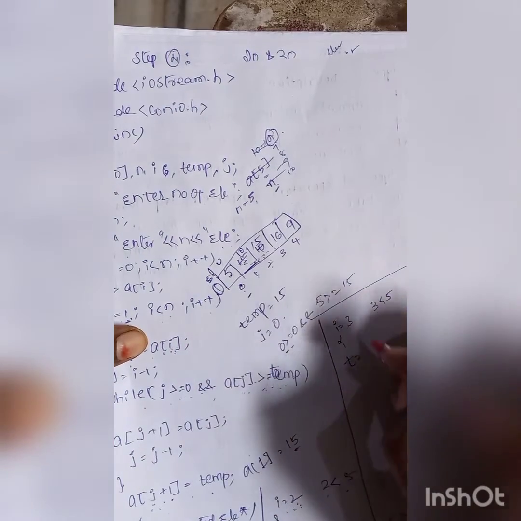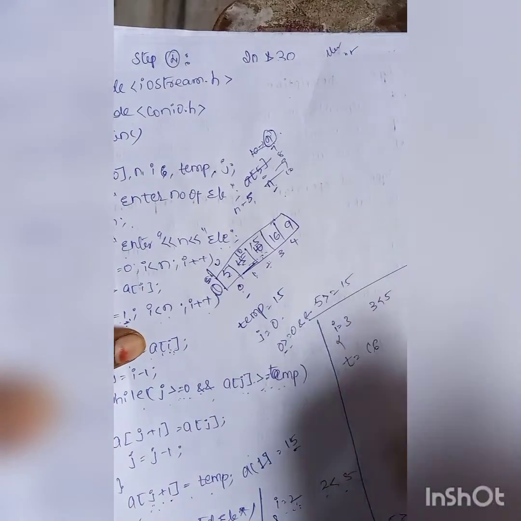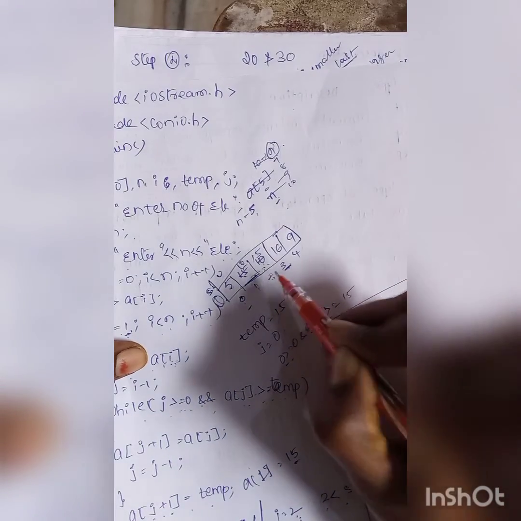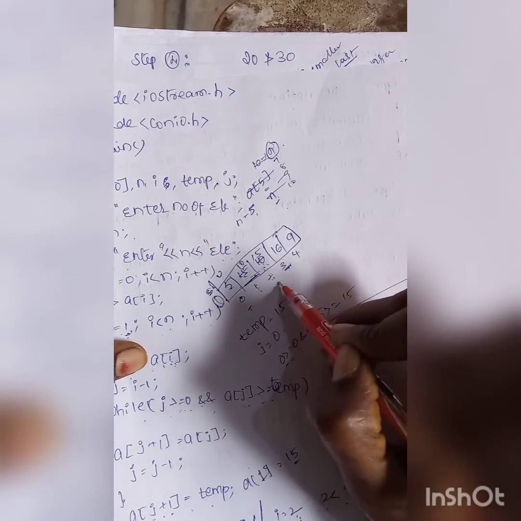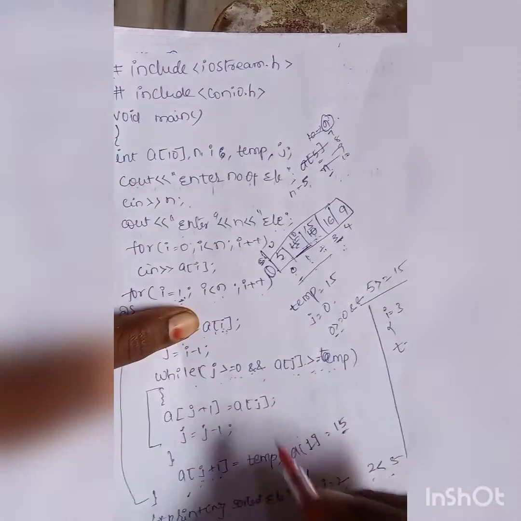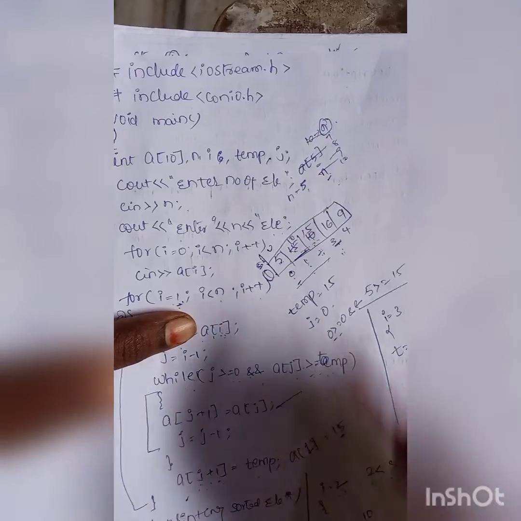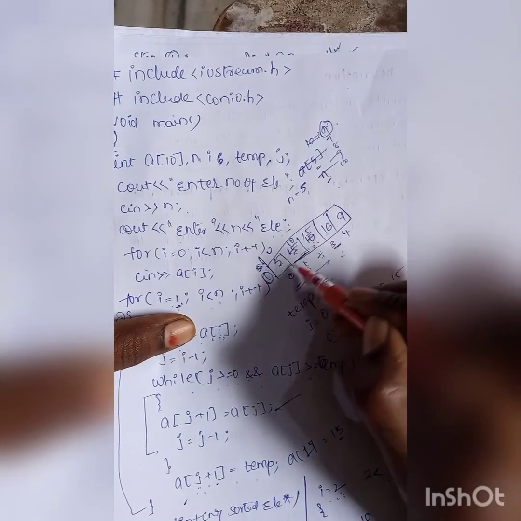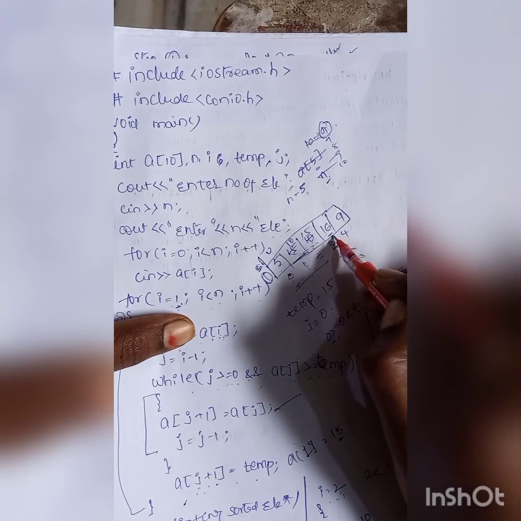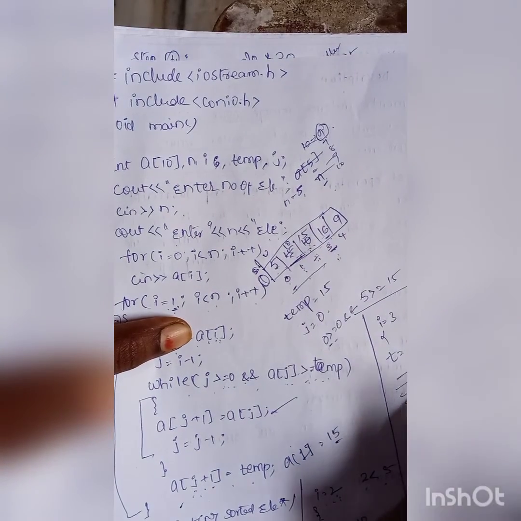A of 3 indicates what? 16. Now you have to compare this 16 with the 15, with the 10, with the 5. If any element is found greater than the 16, you must swap like this. Look here, is any element greater here? No. So the position of 16 stays as it is.